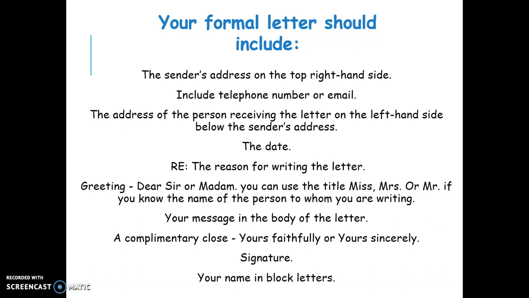You can use the title Miss or Mr. if you know the name of the person that you are writing the letter to. Your message in the body of the letter. And a complimentary close, such as yours faithfully or yours sincerely. Finally, write your signature, and after your signature, write your name in block letters.